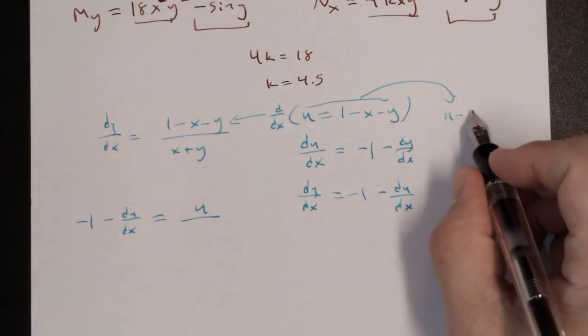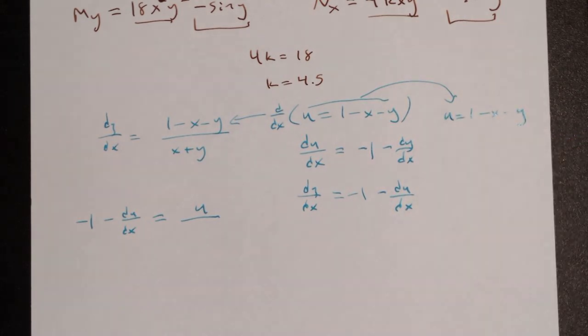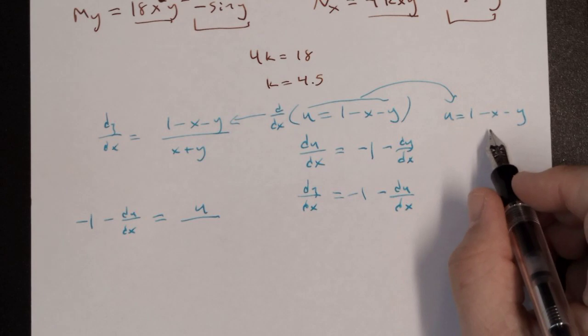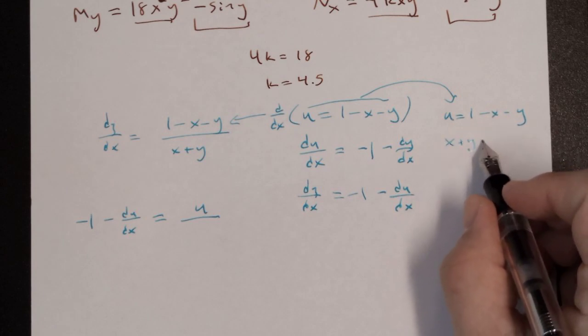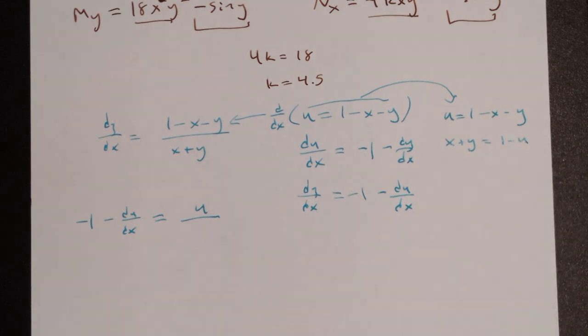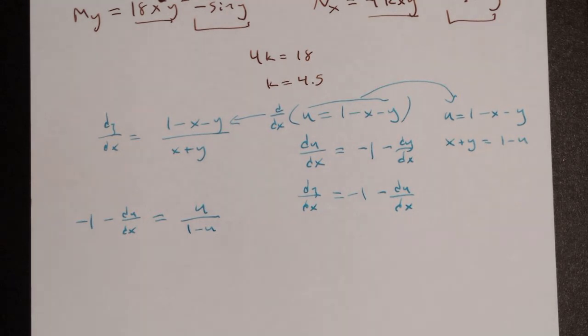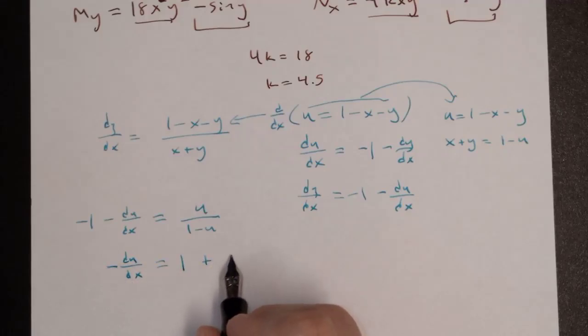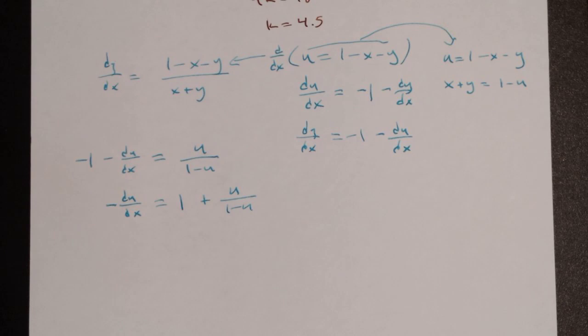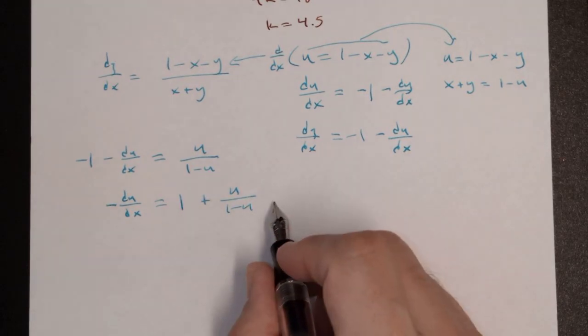I have u equals 1 minus x minus y, right? I put the x plus y on this side. I get 1 minus u on that side. Wait a second. I'm going to make my life even better. du/dx with a minus sign is equal to 1 plus u over 1 minus u, right? But I can get a common denominator here.